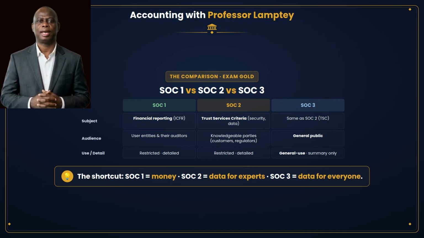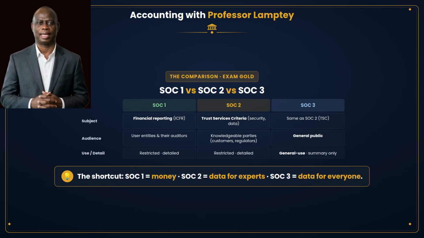Let's put the 3 side by side. This comparison is exam gold. SOC 1, subject is financial reporting controls, ICFR. Audience is user entities and their auditors, restricted use. SOC 2, subject is the trust services criteria, security and data. Audience is knowledgeable parties like customers and regulators.